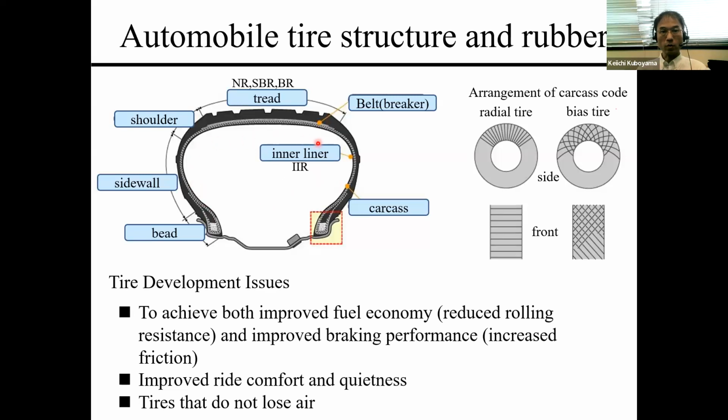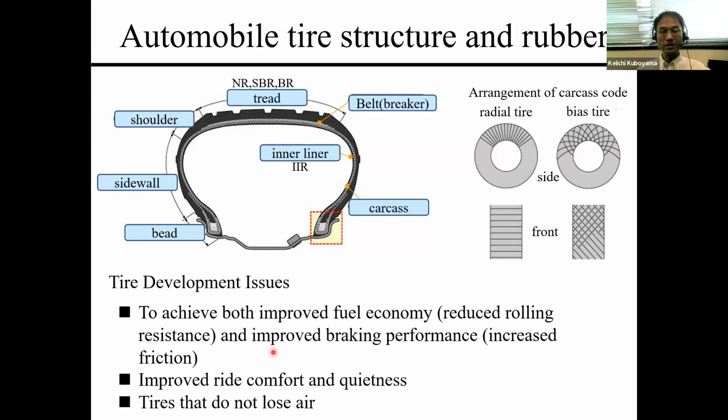This material has a high gas barrier, low gas permeability. It doesn't let gas pass through. So when you use this rubber as an inner liner, the tire does not lose air. This prevents gas loss from the tire, so this is also important.